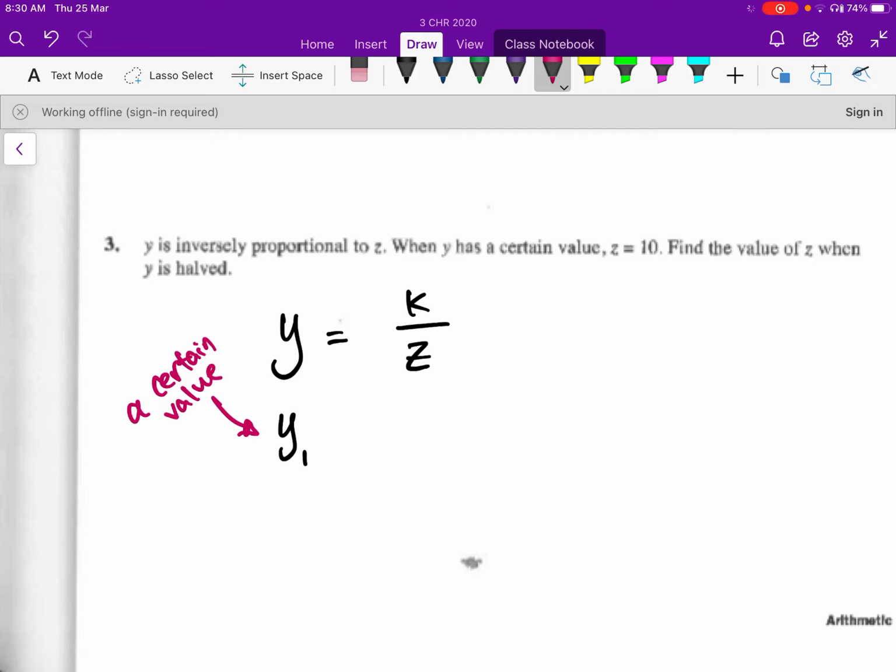When Y has a certain value, then we have K, which is a constant. I don't know what K is yet. Divided by Z. Z has the value of 10. Okay, I'll just highlight to show you where I am. This portion, they're the same thing. Y is inversely proportional to Z. Then the next line is when Y has a certain value, Z equals to 10.